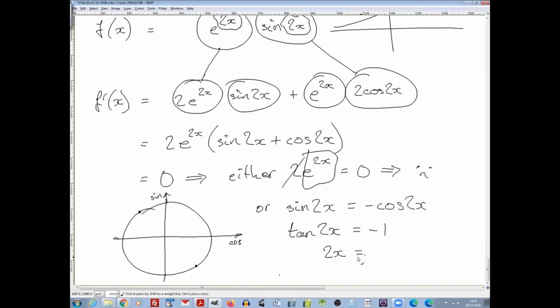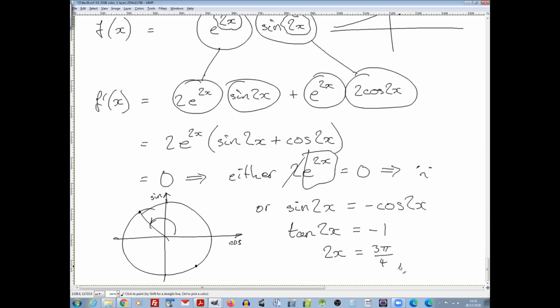Understand that. So 2x is either here, which is what angle, round from 3 o'clock? 135, but in radians? That's 3 pi over 4.